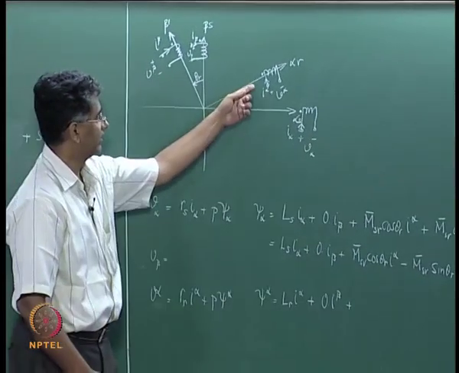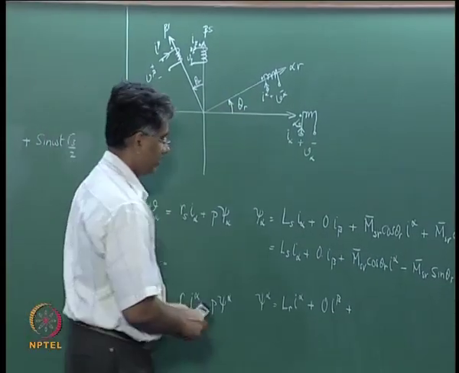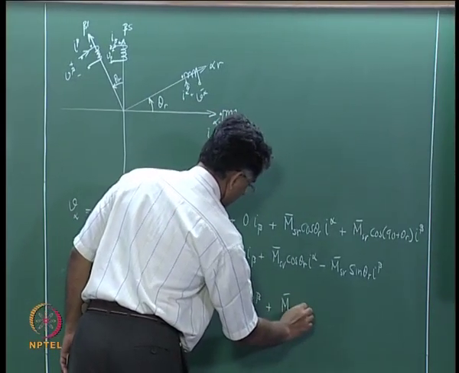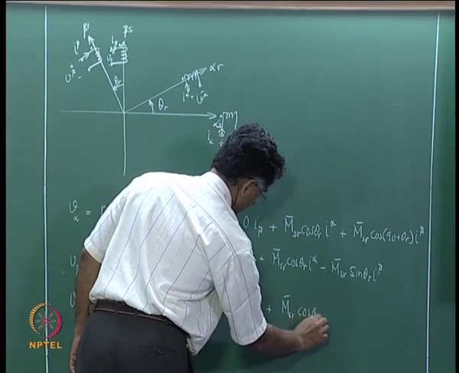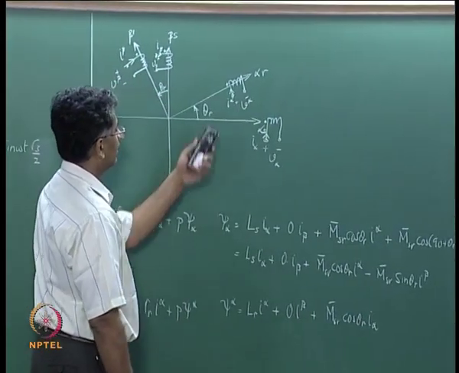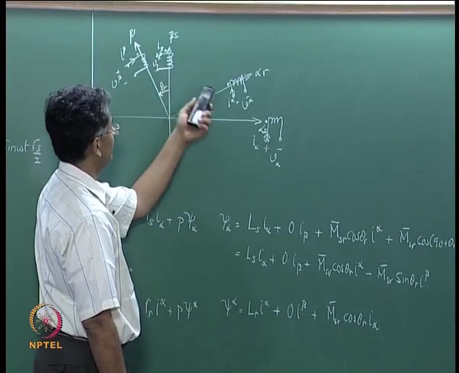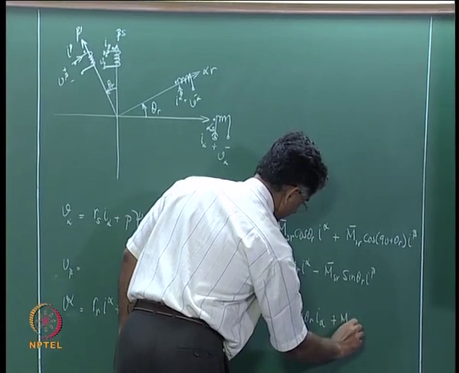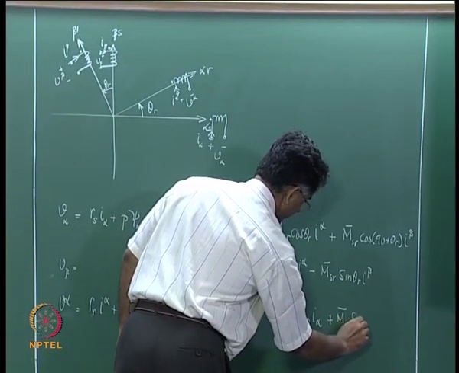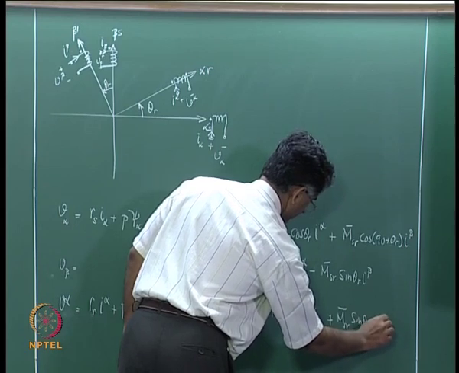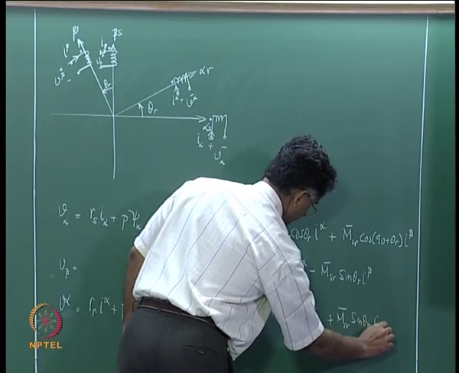There will be flux linkage between these two, and therefore that is nothing but the same MSR multiplied by cos theta r multiplied by I alpha, and then you have mutual between these two terms, that is nothing but MSR multiplied by sin theta r multiplied by I beta.